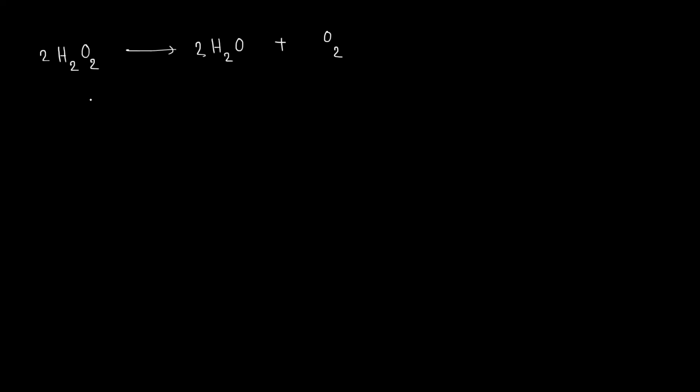So we can write the rate of disappearance of hydrogen peroxide is equal to rate of appearance of water.